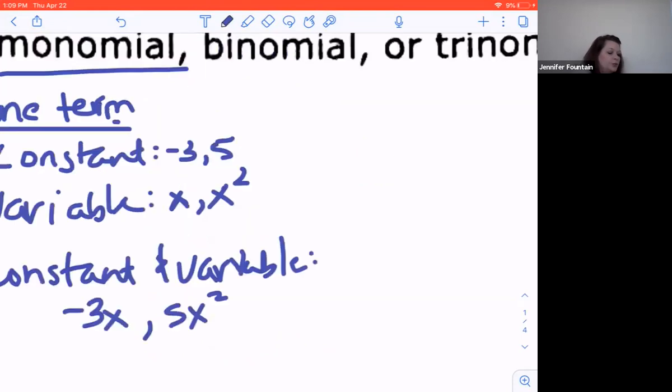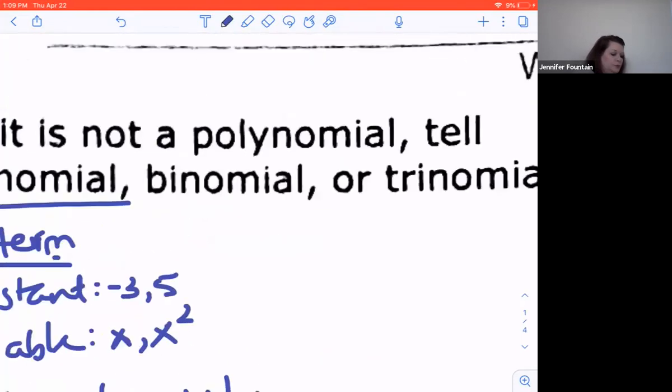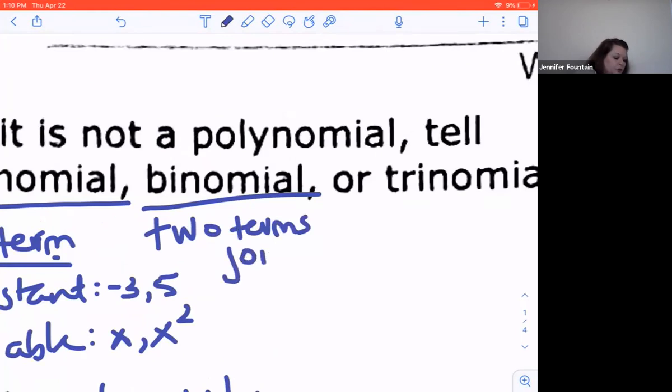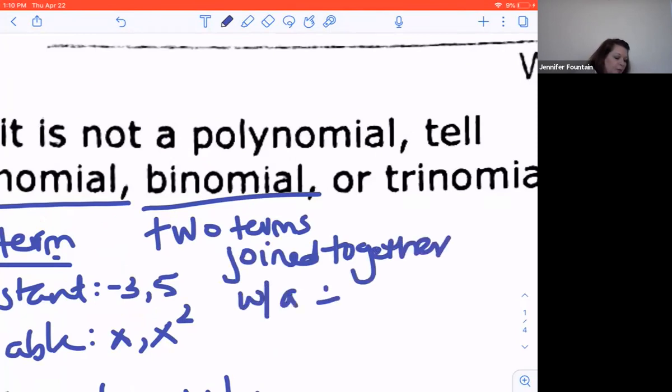All right, our next word was binomial. We said a binomial is two terms joined together with a plus or minus.